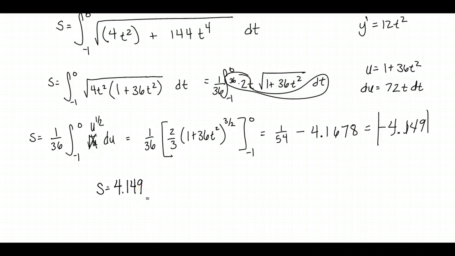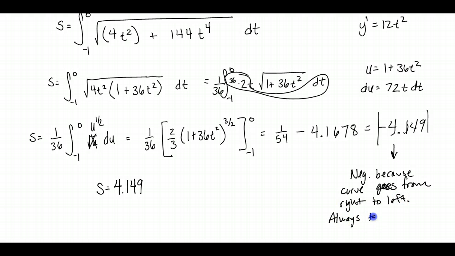In the long run, remember that arc length can't be negative. Take the absolute value. And so here you might want to say it is negative because the curve goes from right to left. And then always take absolute value.